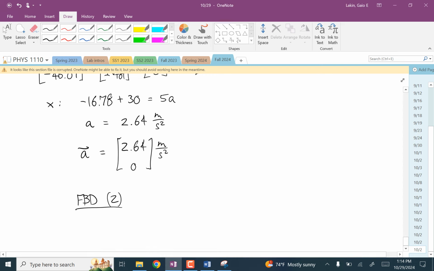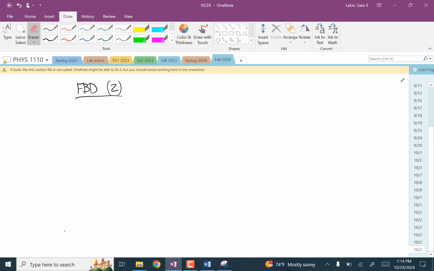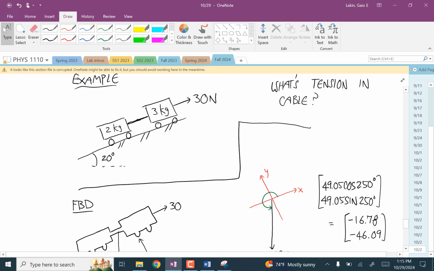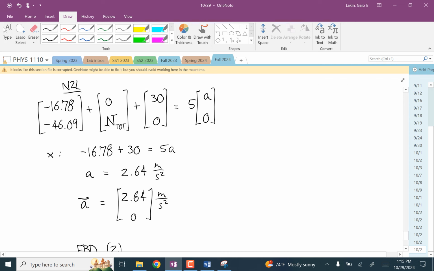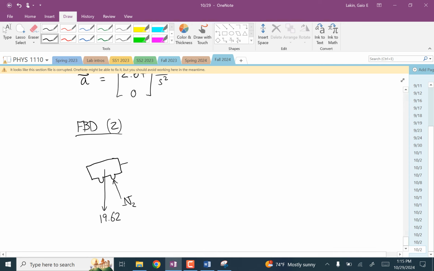So I'm going to isolate the 2 kilogram. There's a weight force down of 19.62, and a normal force I'll call N2. And then the only other force is that cable force.